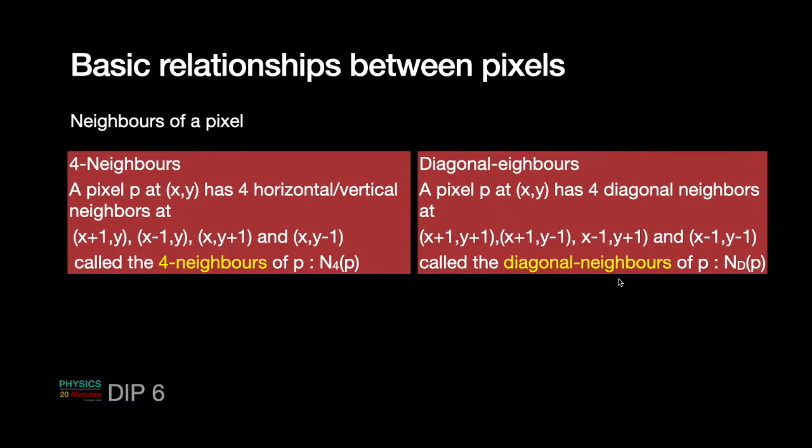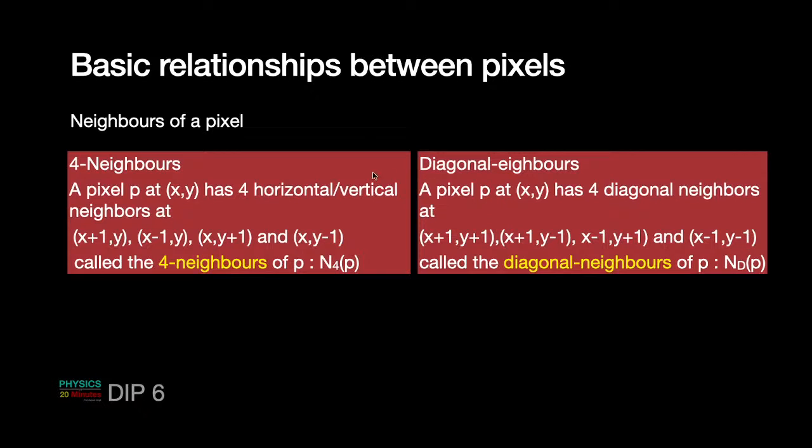And then there are diagonal neighbors, which form a set called ND of any pixel. Any pixel P has four diagonal neighbors, on all the diagonal sides: (x+1, y+1), (x+1, y-1), (x-1, y+1), and (x-1, y-1). Remember (x, y) is my original pixel. So all four corners.